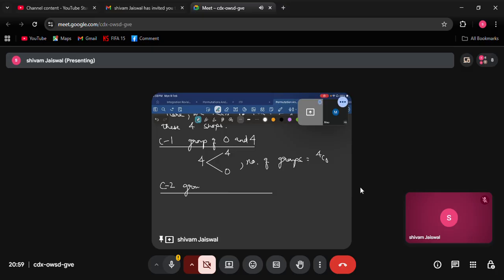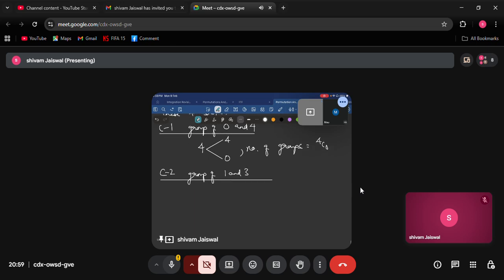Okay. Another way is a group of 1 and 3. Tell me, in how many ways can we form a group of 1 and 3 out of 4 shops?